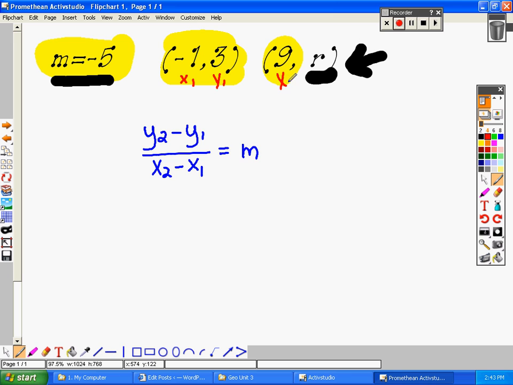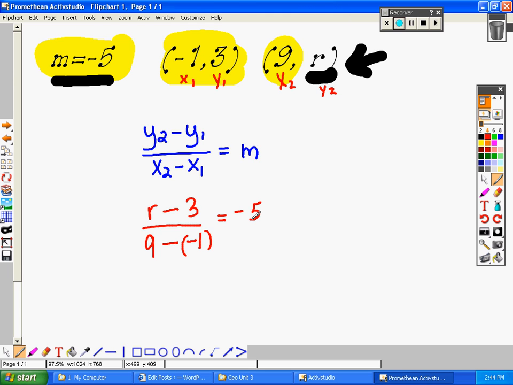This is x2, and this is y2. So y2 minus y1 would be r minus 3 over x2 happens to be 9 minus x1, which is -1. And I know that this is equal to m, which we know as -5 because it's given.